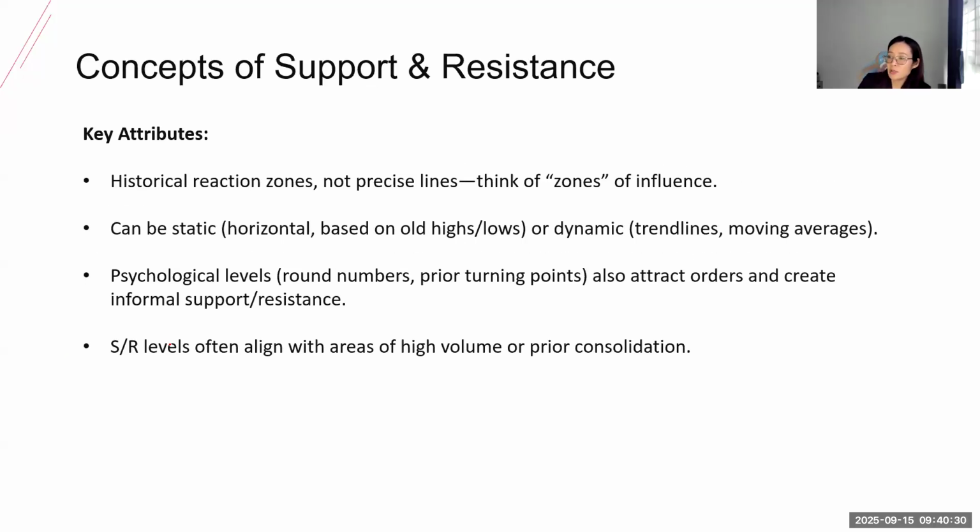So the concept of support and resistance: the key attribute is that it is a historical reaction zone, not a precise line. Think of it as a zone of influence. It can be static, horizontal, based on open, high or low, or dynamic, like a trend line or moving averages.